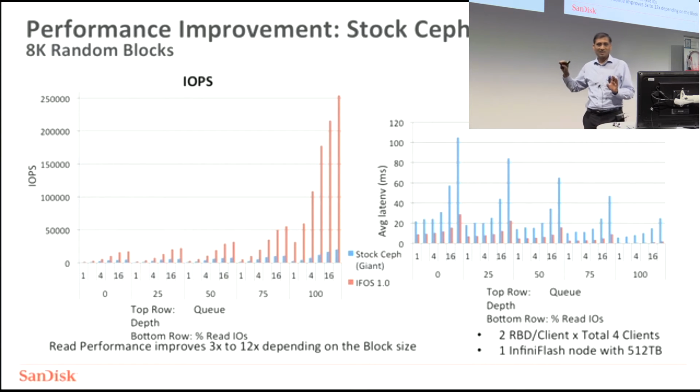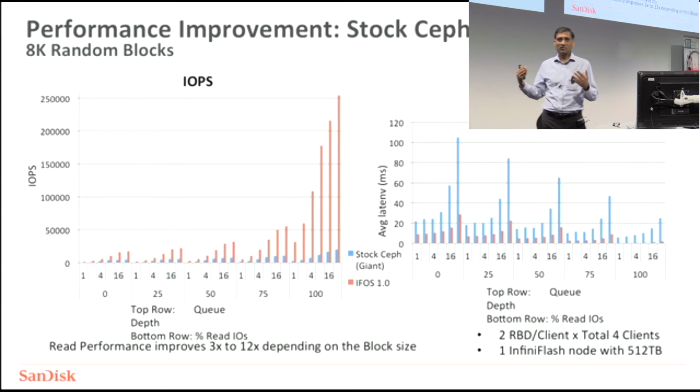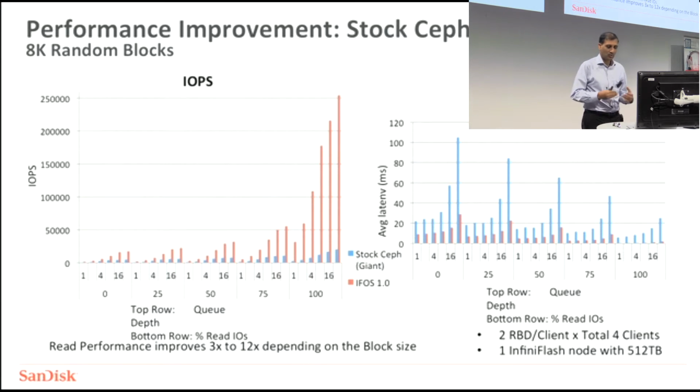The net lesson that I want you to take away is that tuning matters a lot for Ceph, for the particular hardware, especially with a high-performance system like Flash. You really need to figure out how, and I'll talk about some of the tuning parameters that we used and that made a lot of difference here.